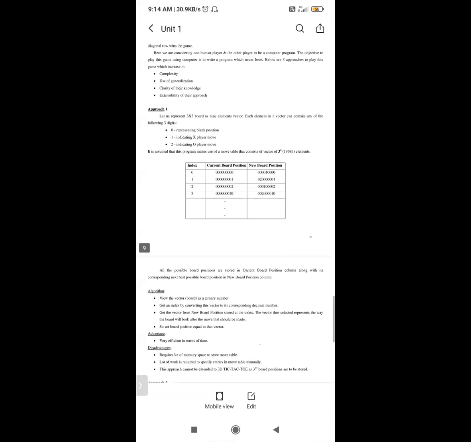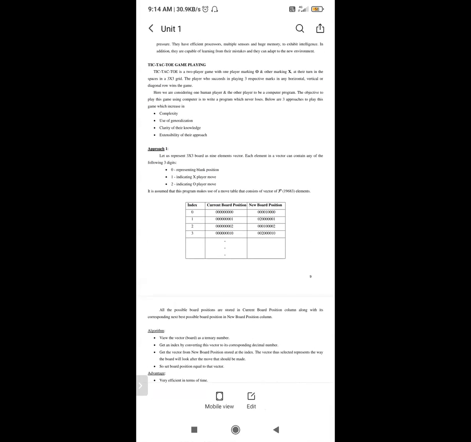In Telugu, we can call this game the Dadi game. This particular game is played by two human players.